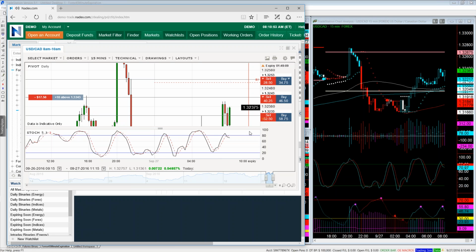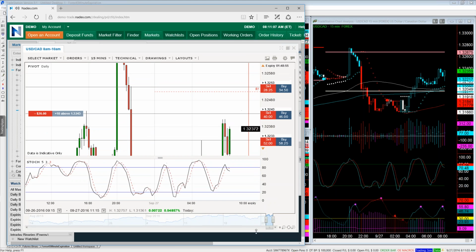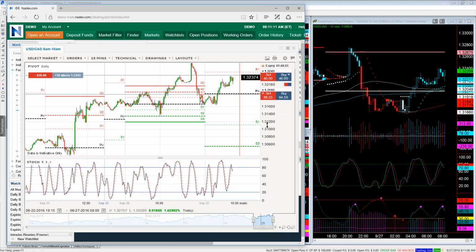So all I did, this is the at the money, which is 32.33. I went to 32.43. This is a 10 pip strike width. On the others, they have very much lower. They're like 4 pips.